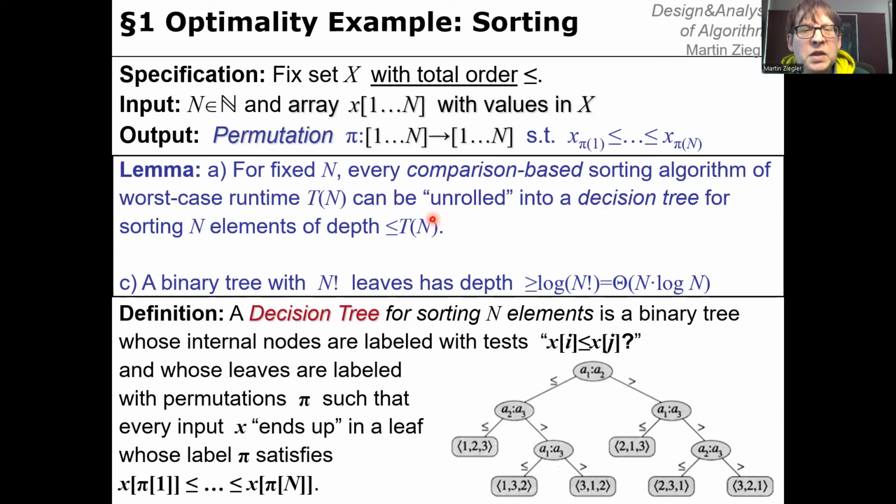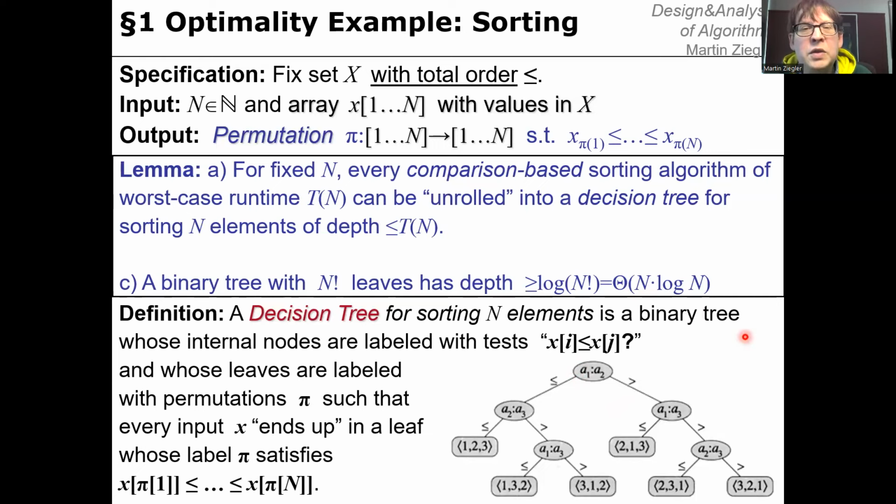Now, unrolled here is in quotes because that's not entirely formal. What it means basically is you execute your hypothetical comparison-based sorting algorithm symbolically. You execute it and check what is the first comparison. First comparison, since it's comparison-based, is compare 2 elements of the input array. That will give the root.